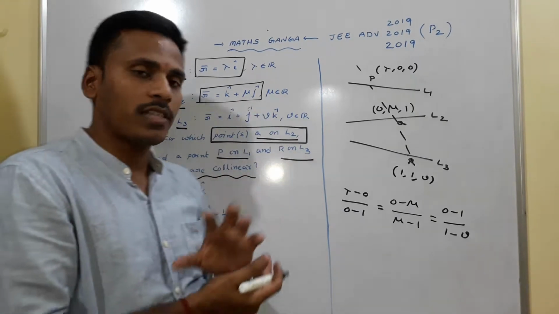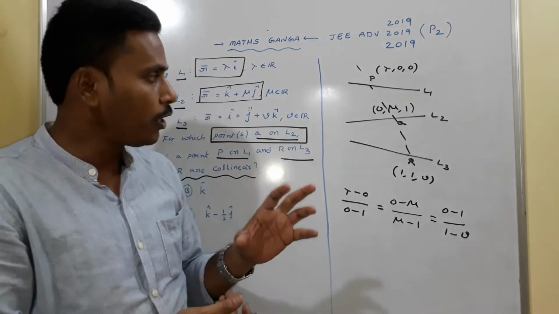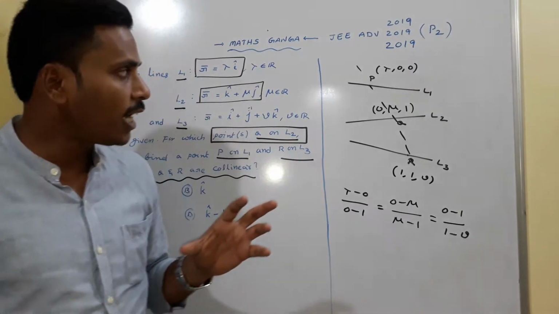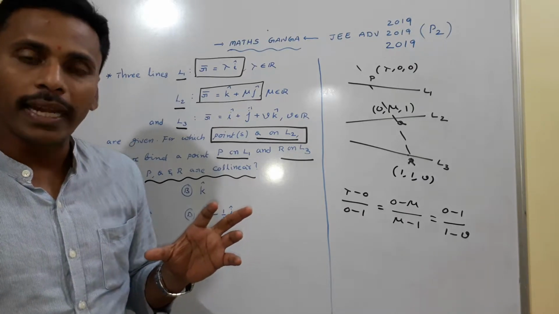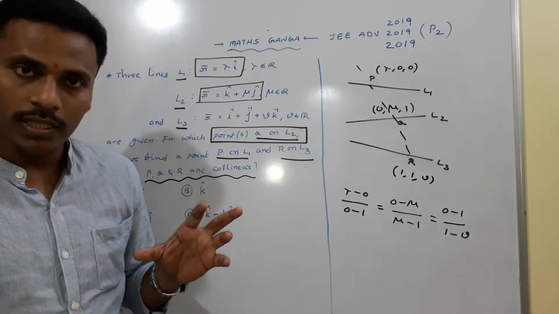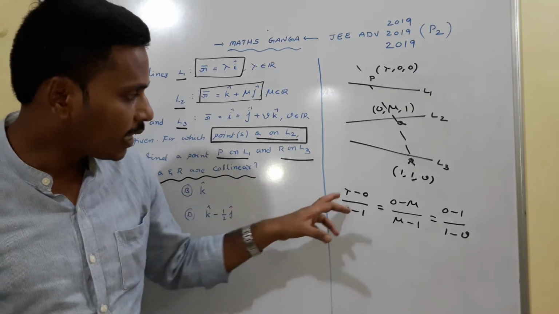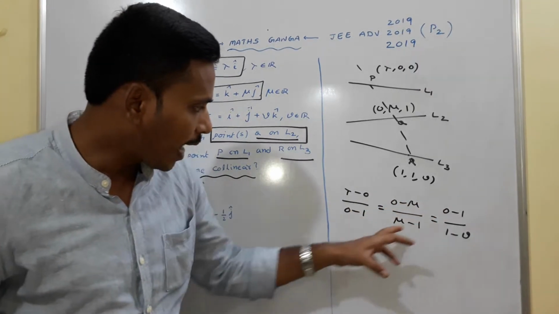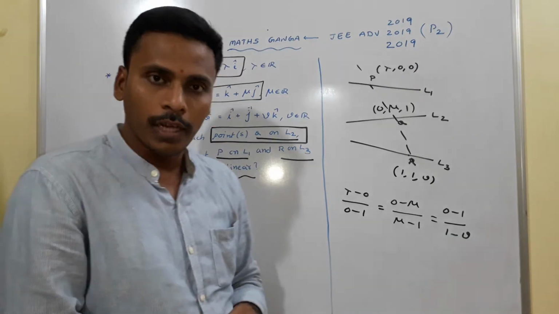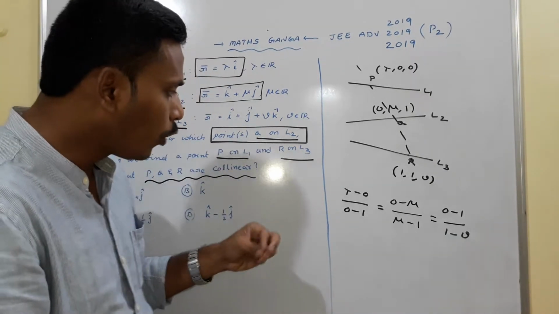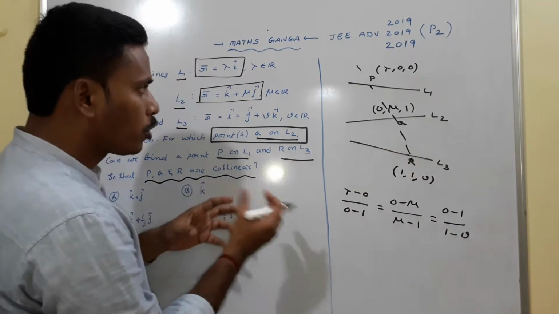Since these 3 points are collinear, the DRs of PQ and the DRs of QR maintain a constant ratio, so I took the DRs of PQ in the numerator and the DRs of QR in the denominator. Now I am going to identify the possible values of mu.